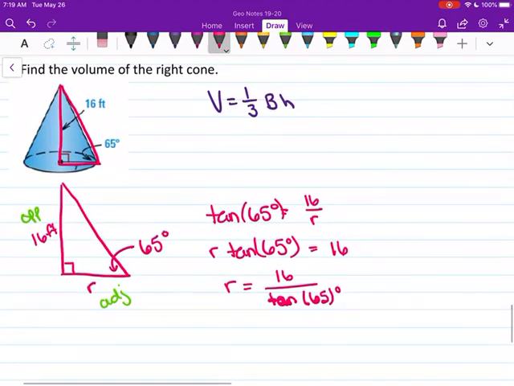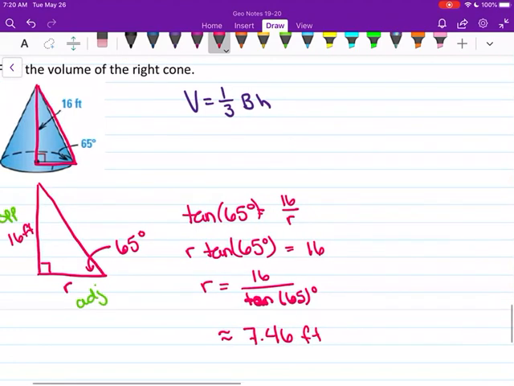And so then I'm just going to plug that into my calculator. So I'm going to do 16 divided by, and then parentheses, tangent of 65 degrees. And I'm going to find that the radius is approximately 7.46, and my units here are feet.